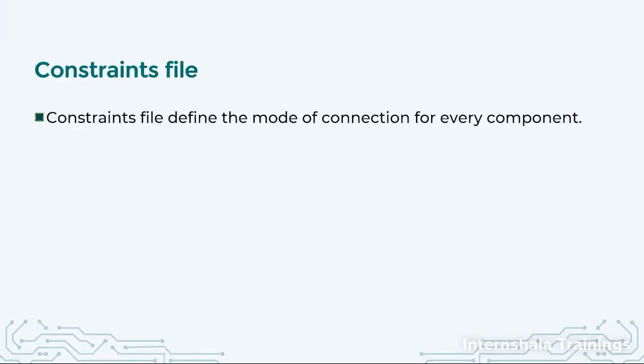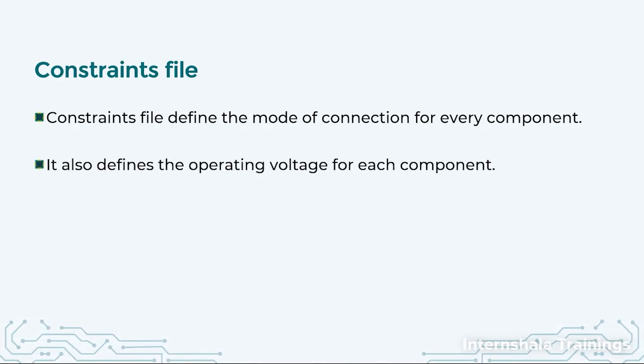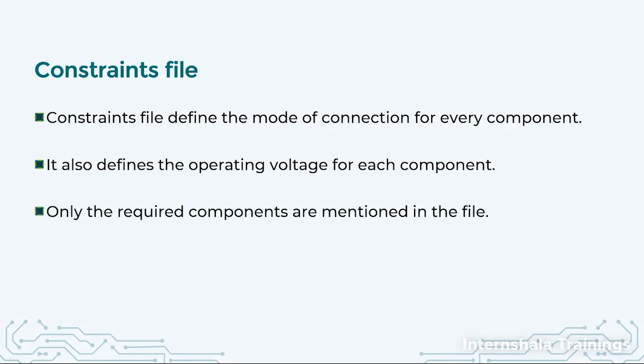So in a constraint file, we are going to define the mode of connection for every component, whether it will be input or output. We will also define the operating voltage for every component, whether it will operate at 3.3 or 1.8 or any other voltage. We need to have the declaration only for the required components, because there are a lot of components on FPGA.